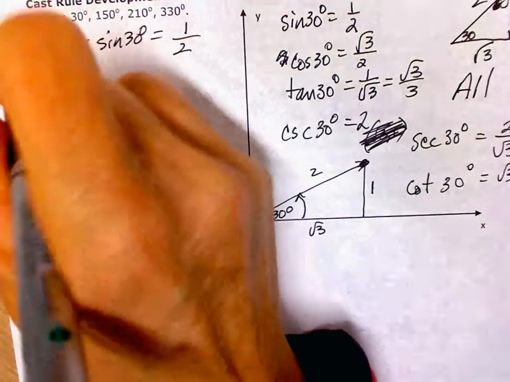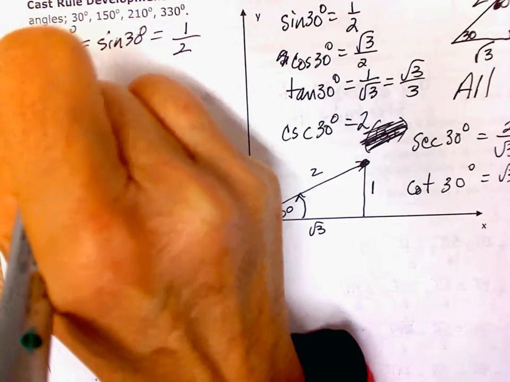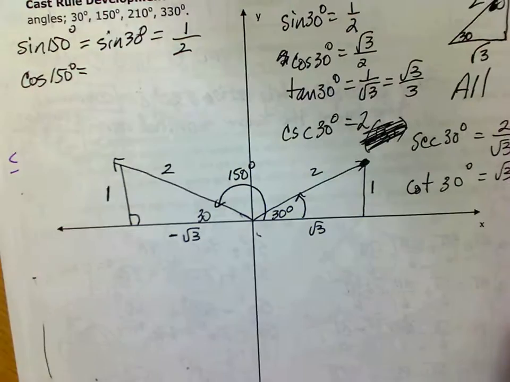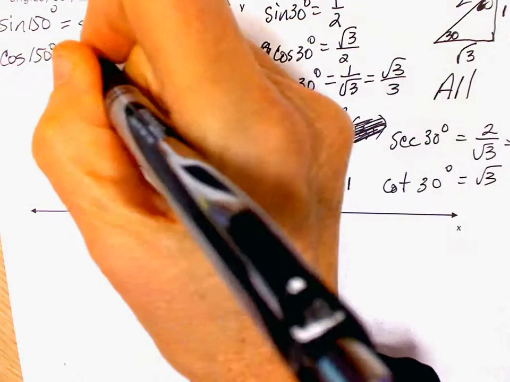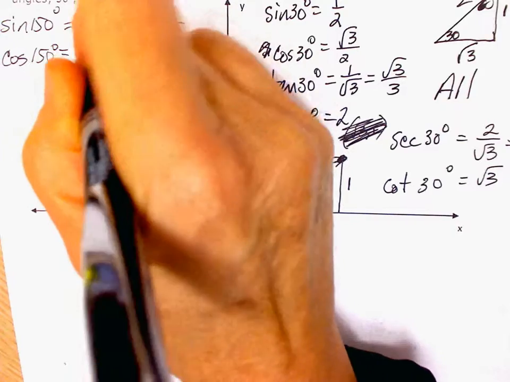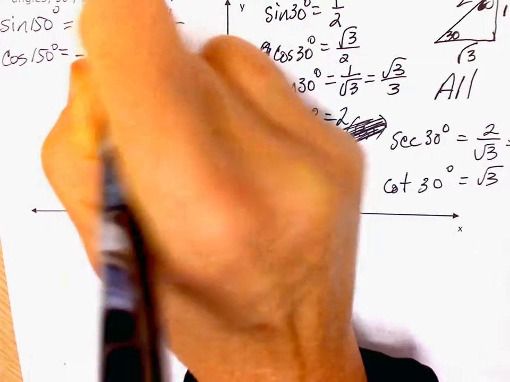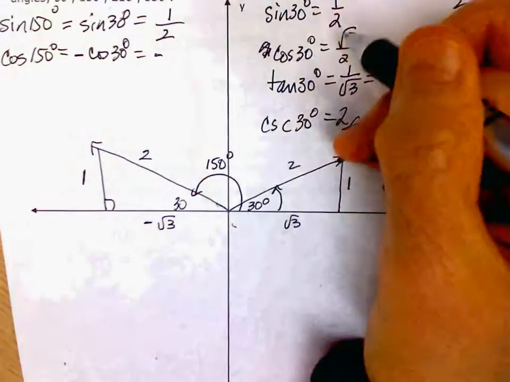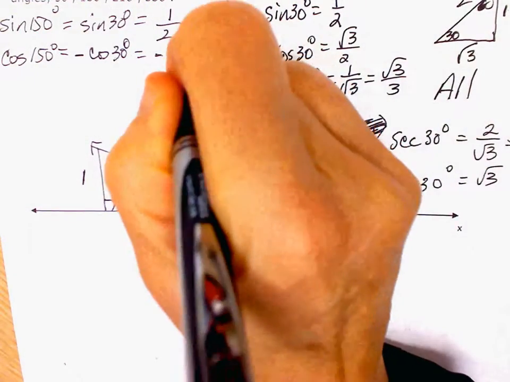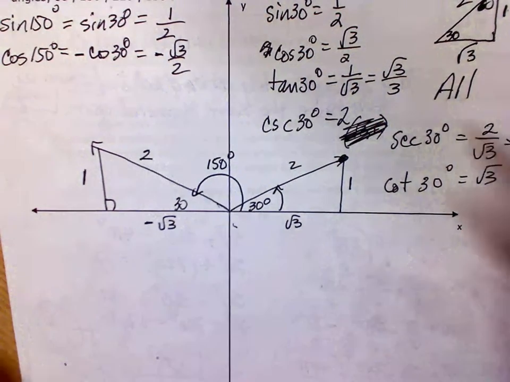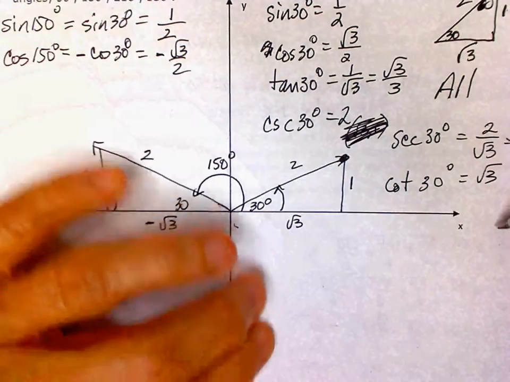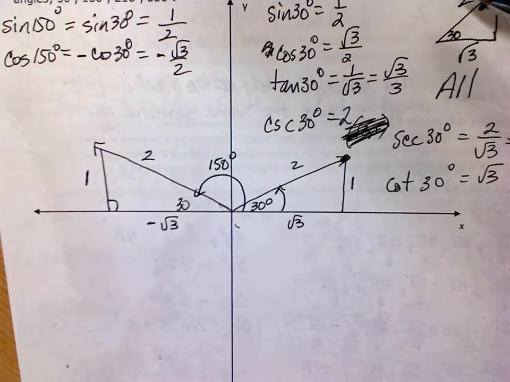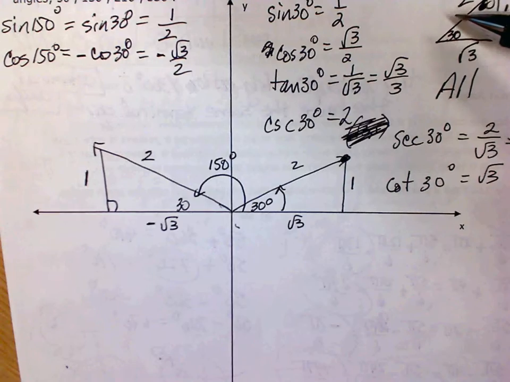What is cos of 150? Minus root 3 over 2. So it's equal to negative cos of 30 degrees. It's negative root 3 over 2. Notice the magnitude of all these ratios will be the same, just the sign is different.